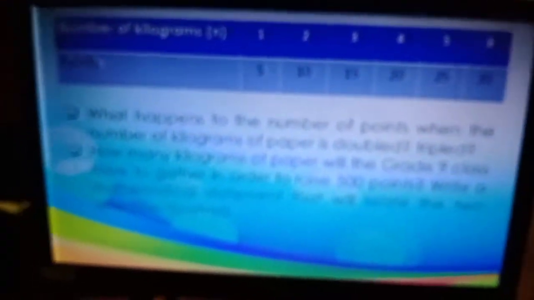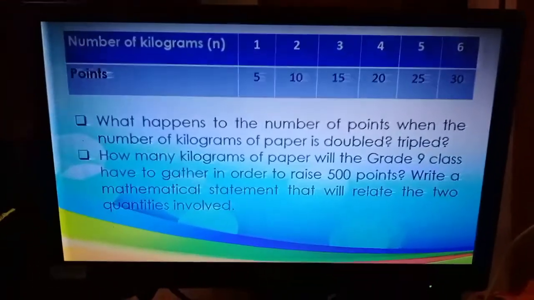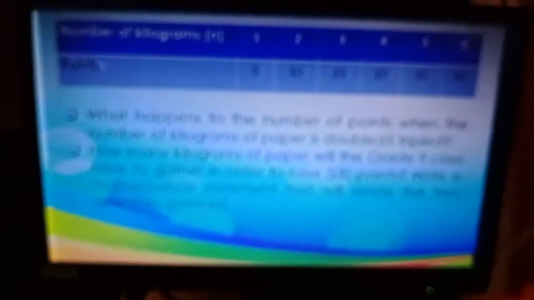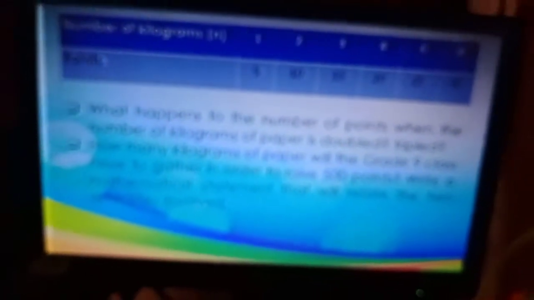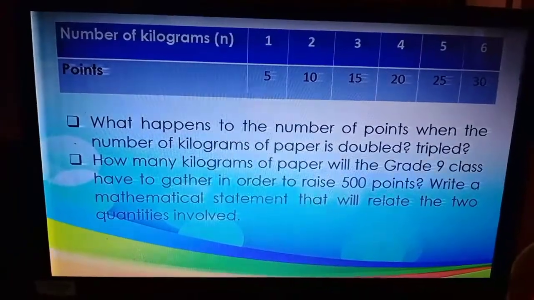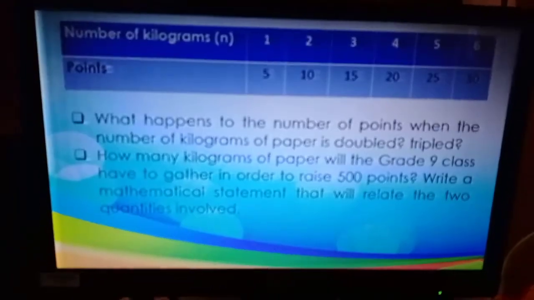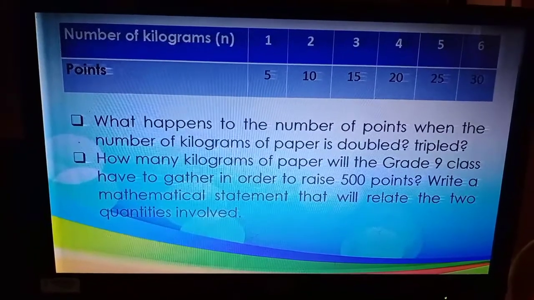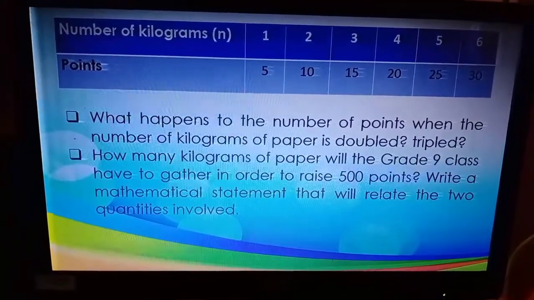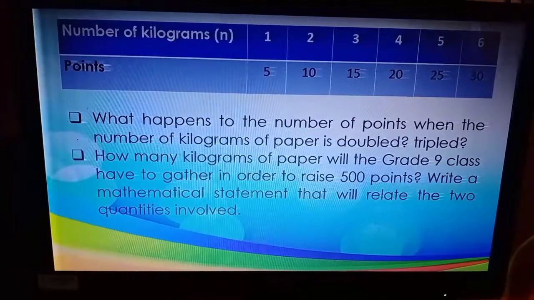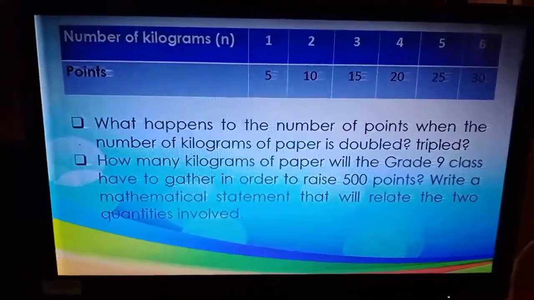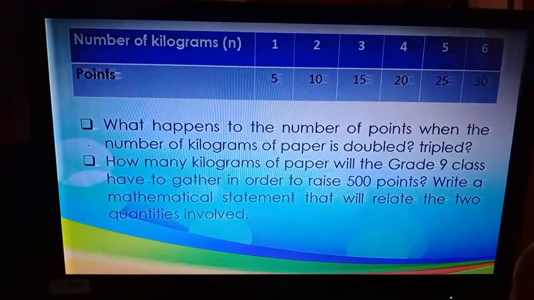Now, how many kilograms of paper will the grade 9 class have together in order to raise 500 points? Write a mathematical statement that will relate the two quantities involved.